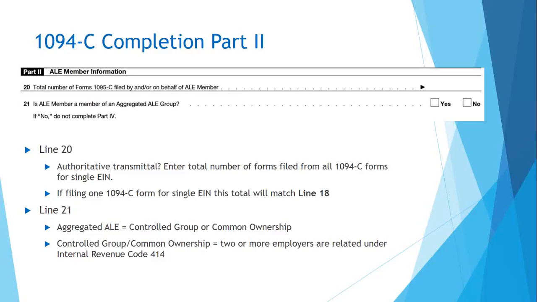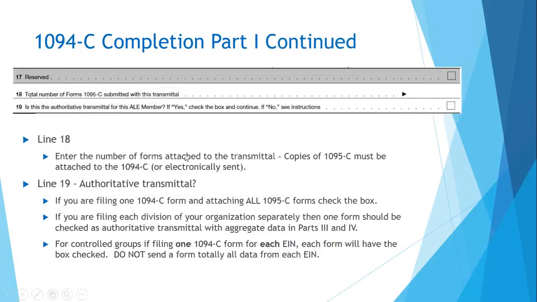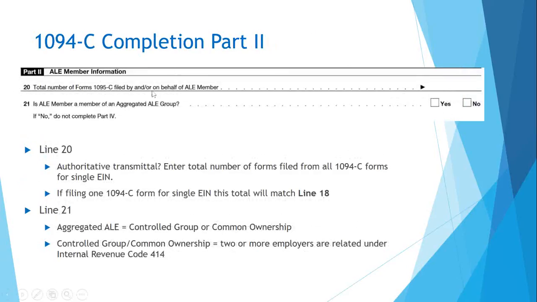So back here, and I may have misspoke on this, line 18, this total number of forms here is the total number of forms going with this transmittal. If you are breaking it up by divisions and sending multiple 1094-Cs, then you're going to complete the total number of forms sent for your entire organization on line 20. So my apologies for that.